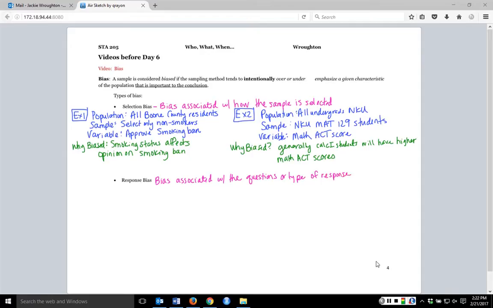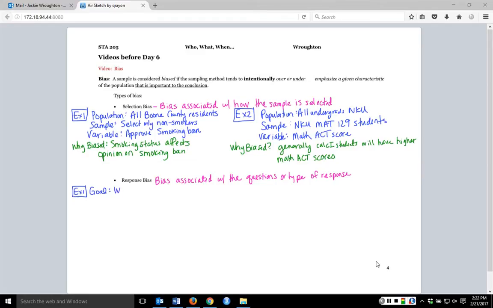So I'll try to give an example of each as we're talking about these. Right, so there's a little bit different way of looking at these setups. So my first example, the first thing you need to know if there's response bias is you need to know what my goal is.